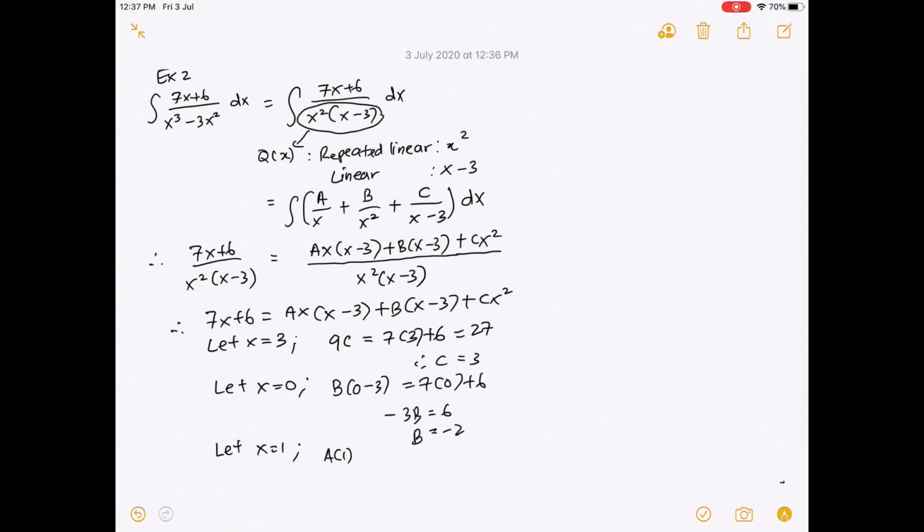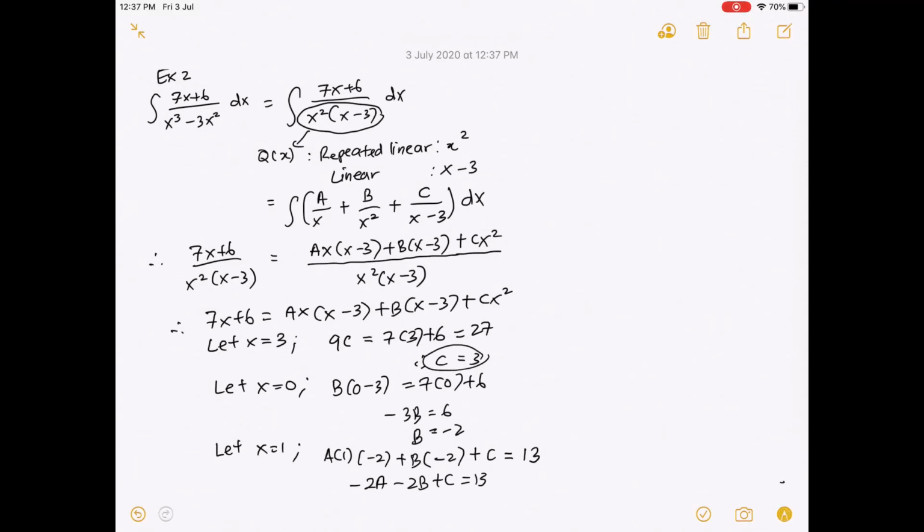What I have is a times 1 minus 3 is negative 2, plus b times 1 minus 3 is negative 2 as well, and then 1 to the power of 2 is 1, and then c, equals 7 times 1 is 7, plus 6 is 13. So I have negative 2a minus 2b plus c equals 13.